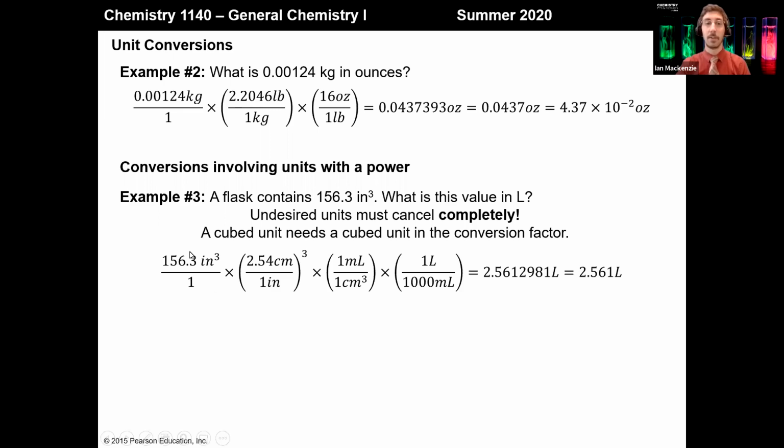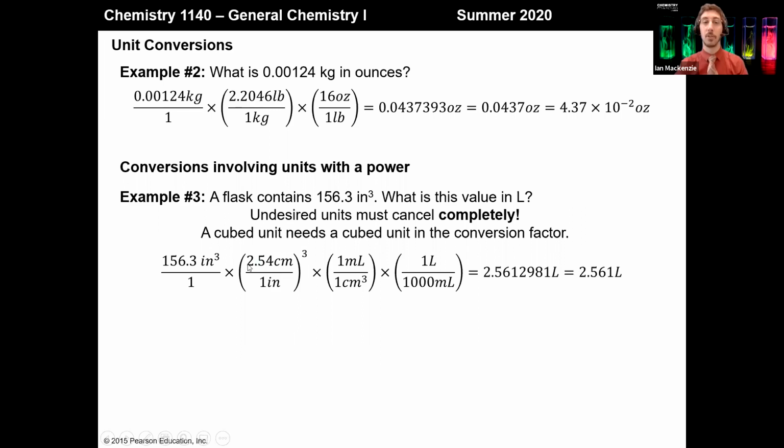I'll take 156.3 inches cubed. I don't know any conversion factors that involve inches cubed, but I do know conversion factors that involve inches. So inches to centimeters here, for example, 2.54 centimeters in 1 inch. And I will take that conversion factor and I will cube the whole thing. This cubes the number inside and the unit.